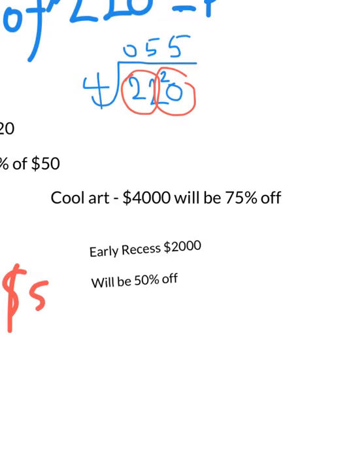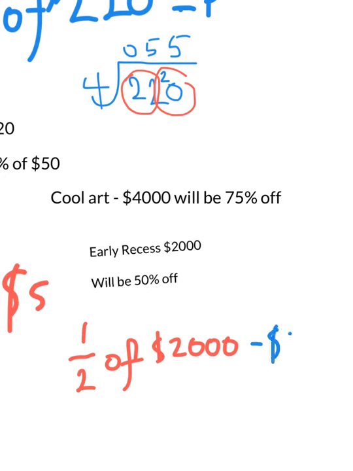Same as always, we'll put it as a fraction, 1/2 of 2,000. And then whatever that is, we'll minus it off the price to give us the new price. Well, very quickly I can see that 1/2 of 2,000 is 1,000. And therefore, if I'm minusing 1,000 from 2,000, the new price is going to be 1,000.